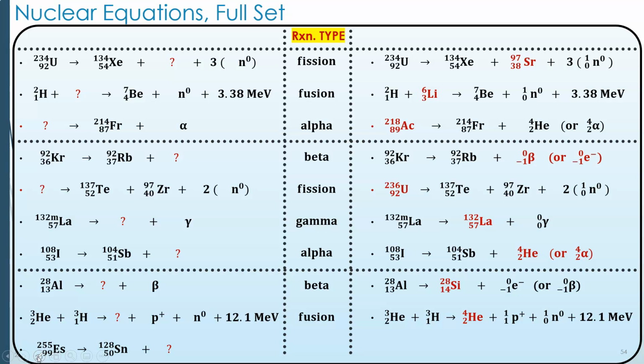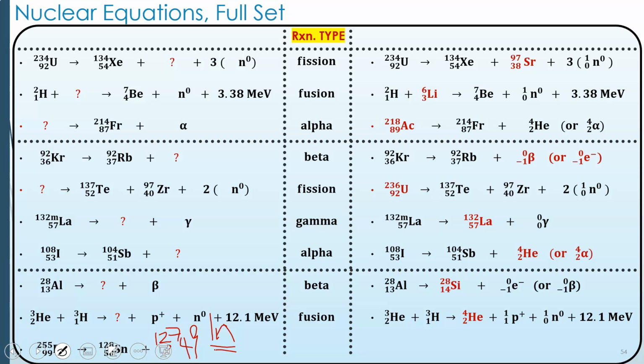Well, 255 minus 128 is 127, so that's the missing mass number. And 99 minus 50 for the tin leaves us 49. I'll write it right there, 49. And then we look up 49. 49 is indium. Indium is named for the Indus River in India and I believe in Pakistan.